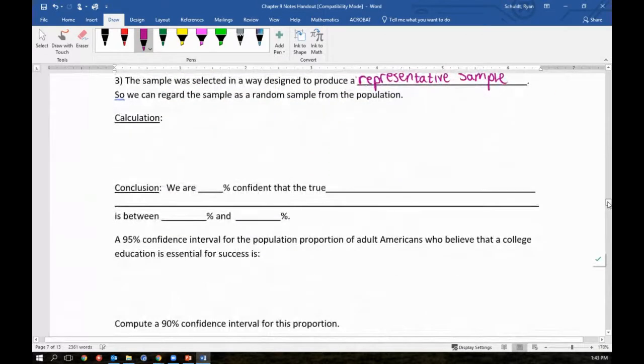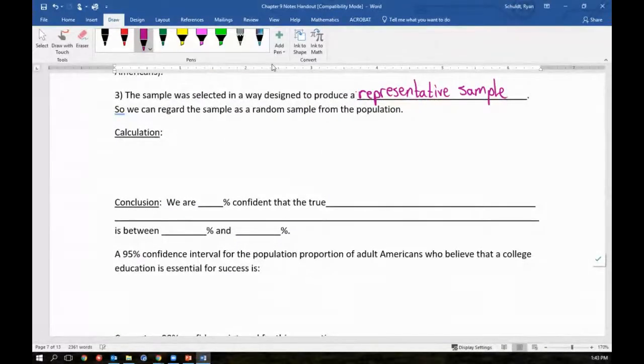So just to remind ourselves of the formula.